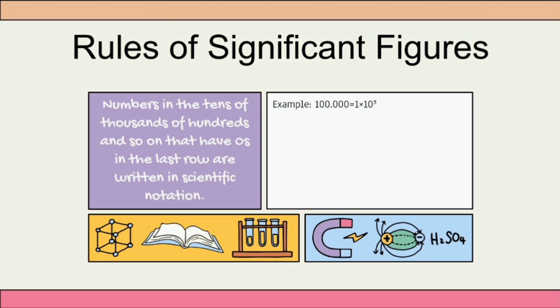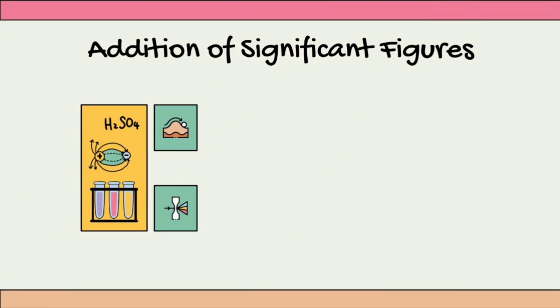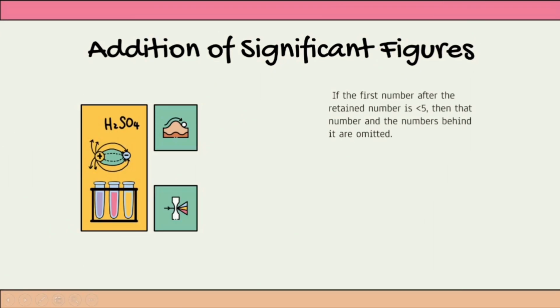Then we go on to discuss rounding of significant figures. If the first number after the retained number is less than 5, then that number and the numbers behind it are omitted.